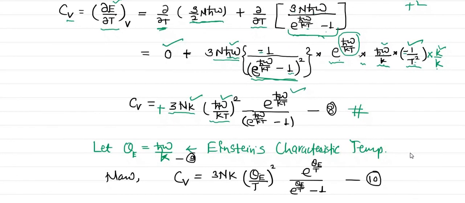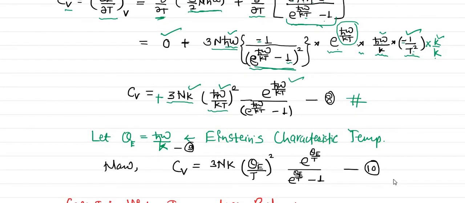So let us replace here in equation 8 h cross omega by k by theta E. So we can rewrite the equation, that will be now Cv, the specific heat at constant volume, will be 3nk as it is. h cross omega by k is theta E, so theta E by T, the temperature in the denominator as it is, its square, e power again h cross omega by k is theta E by T, and in the denominator e power theta E by T minus 1.